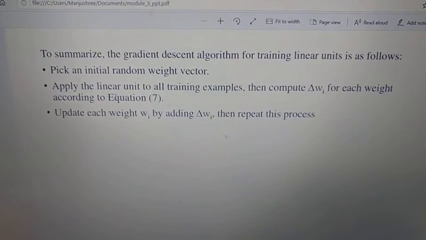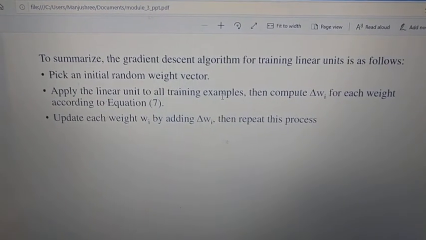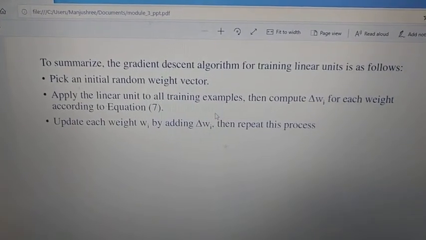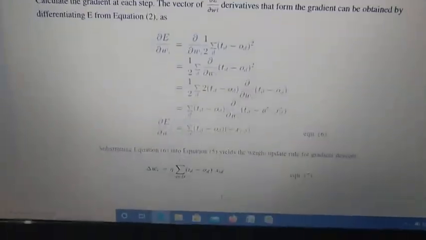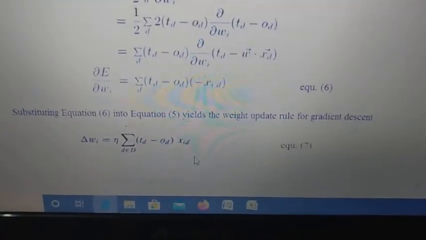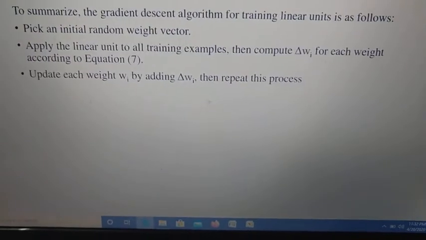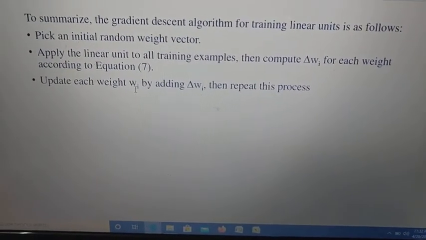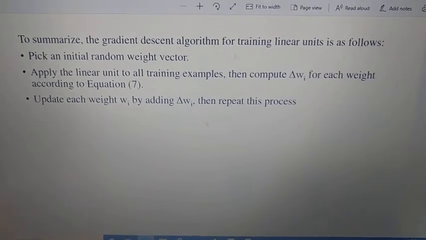Then apply the linear unit to all training examples, then compute delta wi for each weight according to equation 7. Equation 7 is nothing but this derivation, which is taken as equation 7. Now update each weight by adding delta wi, then repeat this process.